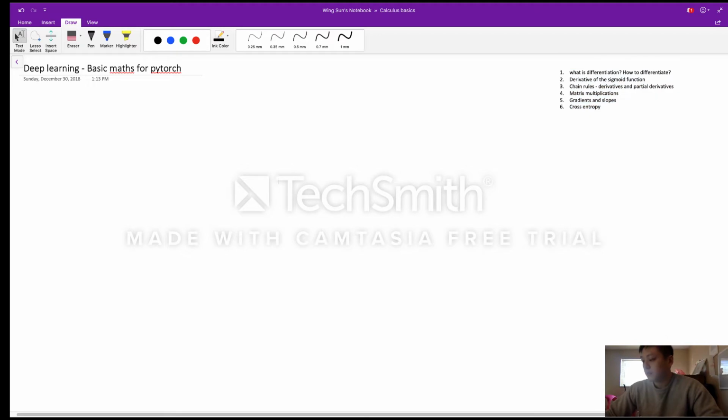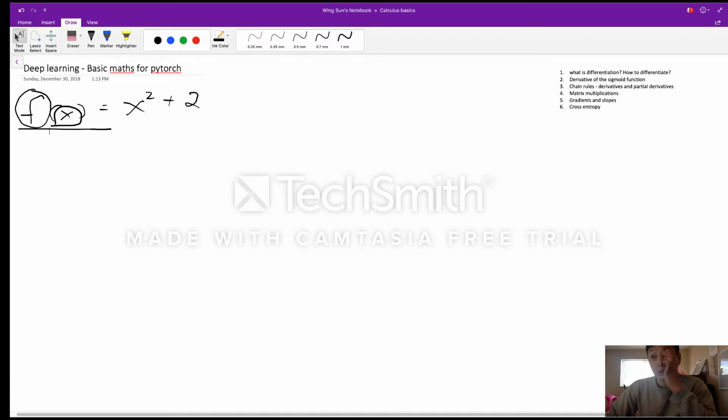If I say to you that f of x is equal to, maybe, x squared plus 2 or something like that, what this means is that the function f is dependent upon a variable called x.